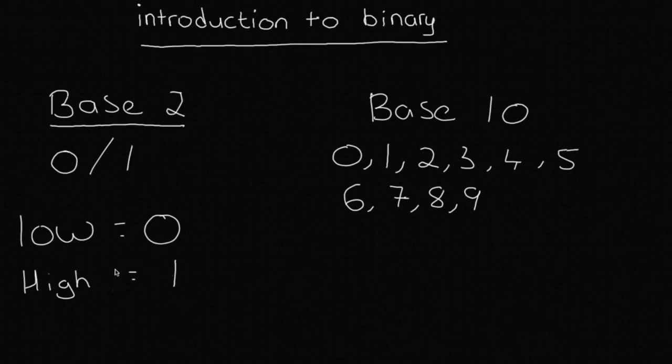They tried this in the early days of computing, but there were problems. Sometimes a medium value could be misread by the computer, and the computer may think that the medium value is actually a low value because it's quite close to 0, or it might think it's a high value because it's quite close to the higher value threshold. So that's why they decided in the end to go with just 0 and 1, so high and low.